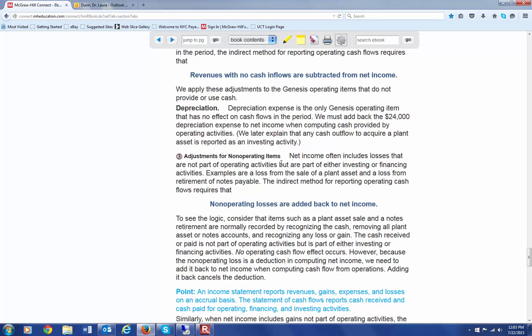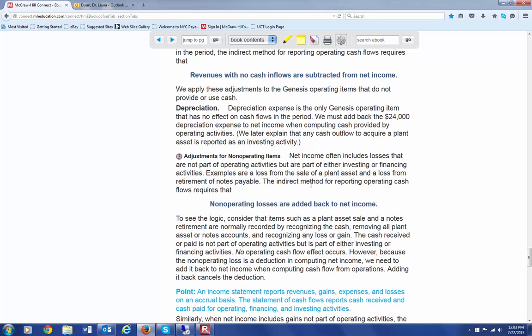And then the third area for operating activities: adjustment for non-operating items. Net income often includes losses that are not part of operating activities but are part of either investing or financing activities. Examples are a loss from the sale of a plant asset and a loss from retirement of notes payable.